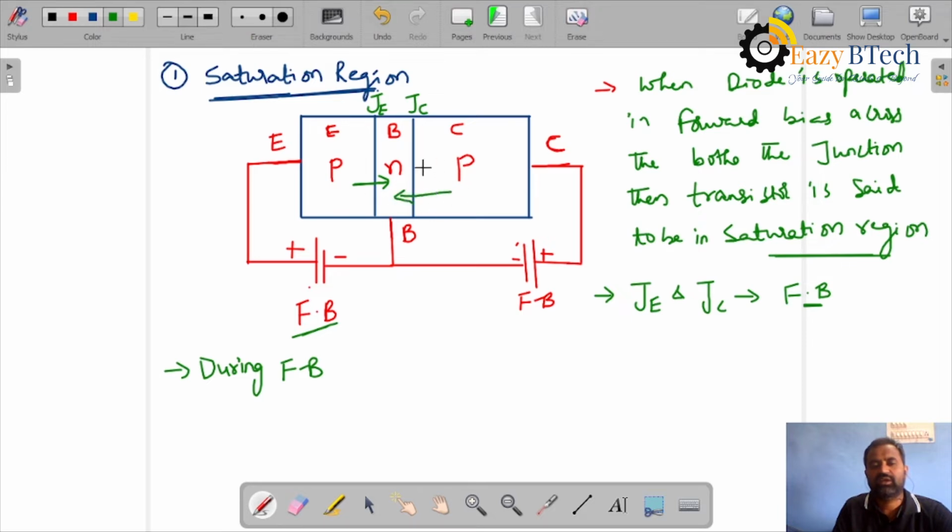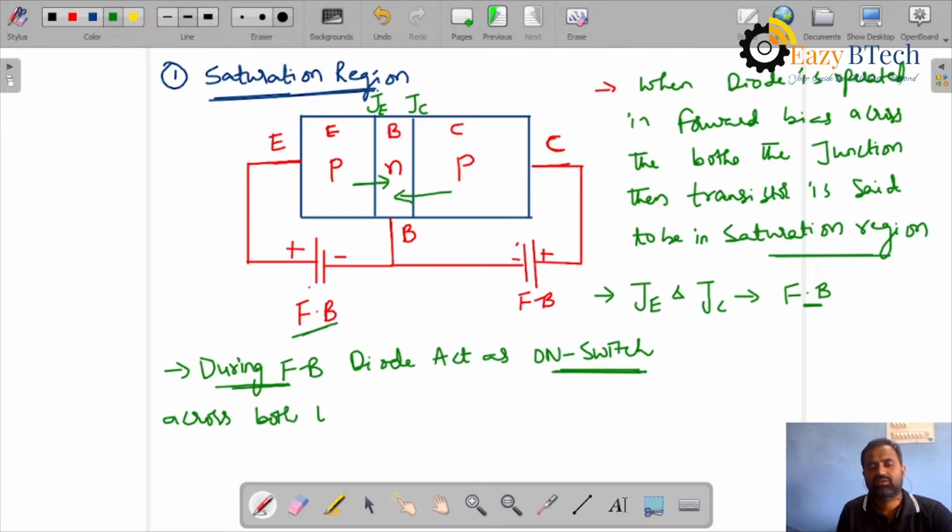During forward bias, a diode acts as an on switch, meaning across both the junctions the diode is in the on state.